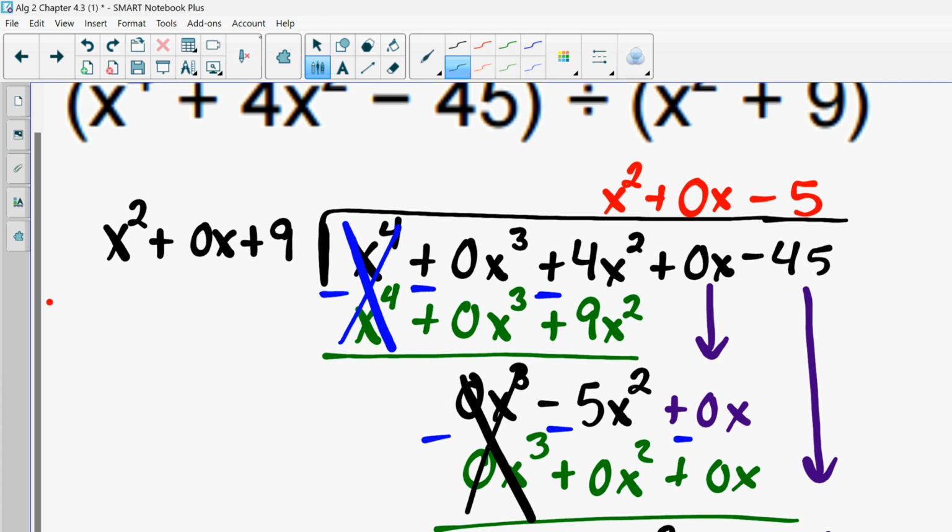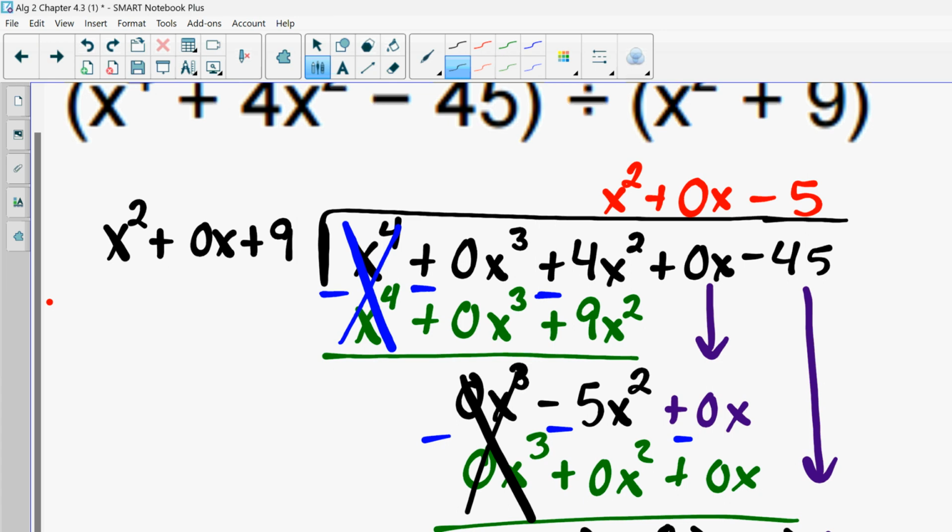And the last thing we're going to do is subtract. Negative 5x squared minus 5x squared is 0. 0x minus 0x is indeed 0. Negative 45 minus negative 45 is indeed 0.